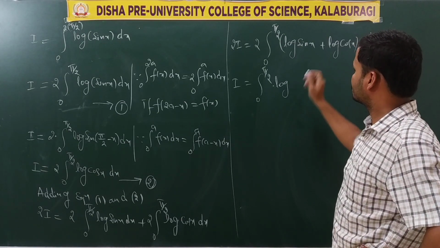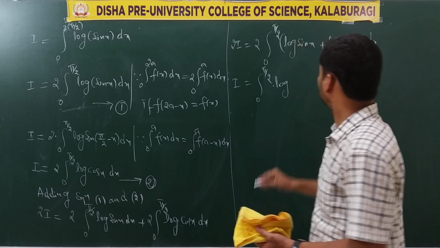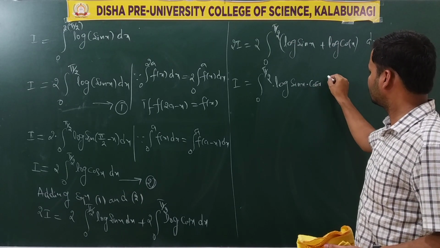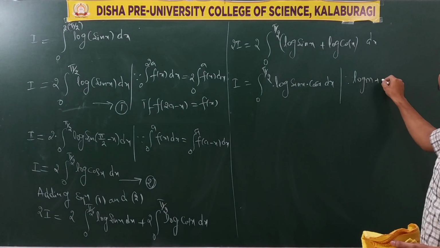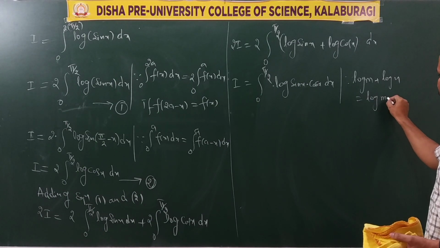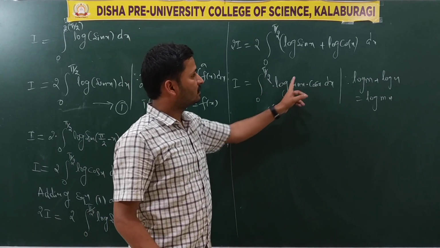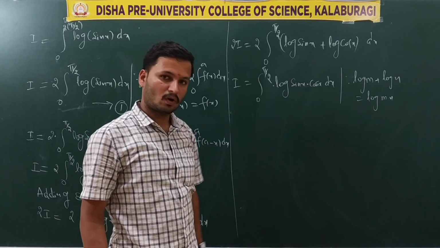So log of sin x plus log of cos x equals log of sin x into cos x, because of the logarithmic property that log of m plus log of n is equals to log of m into n. We should use this property.